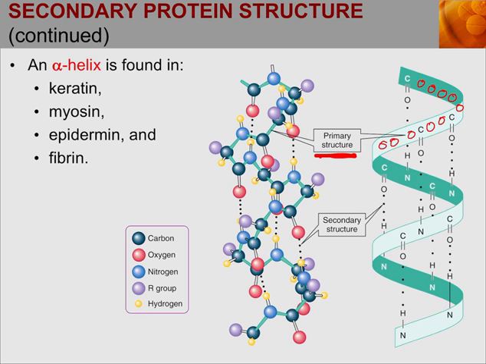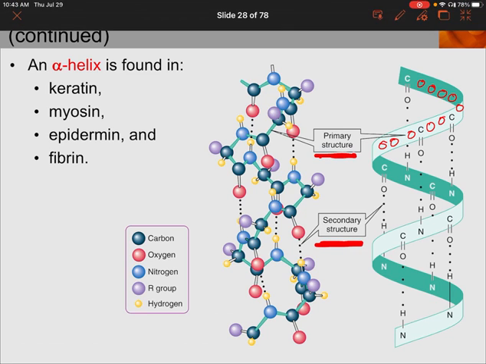And then we have our secondary structure, and that's formed by the hydrogen bonds between amide groups, and this occurs every 4 amino acids. So that's kind of cool that just these hydrogen bonds can form a little curlicue in our protein.